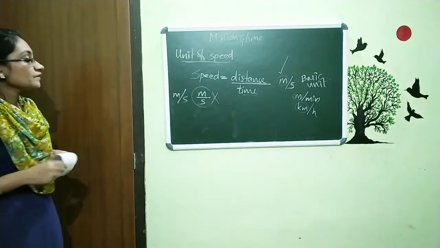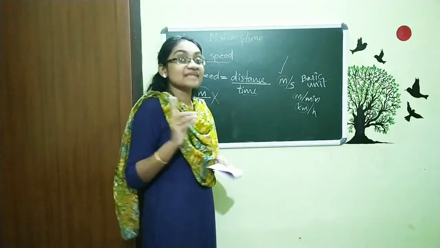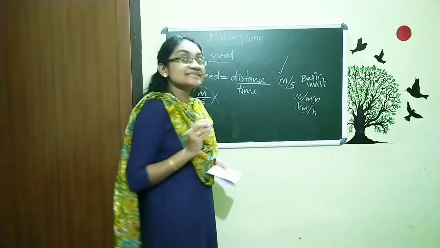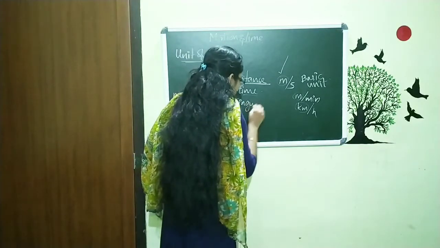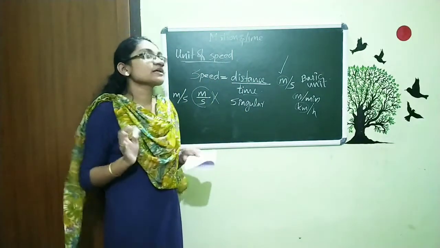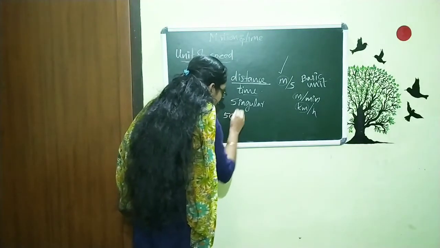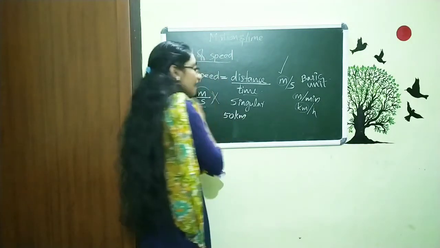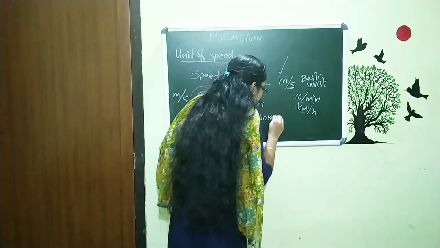And also we have to remember something about writing the unit, as we always write the unit in singular form. For example, we are talking about 50 kilometer. That means we want to write 50 kilometer, and we don't want to write it as 50 kilometers.